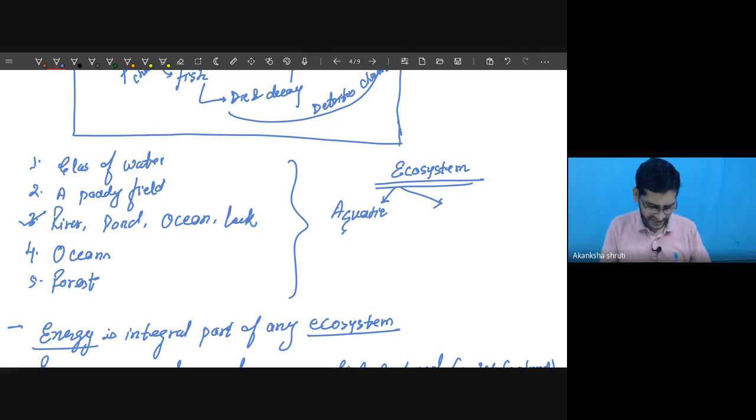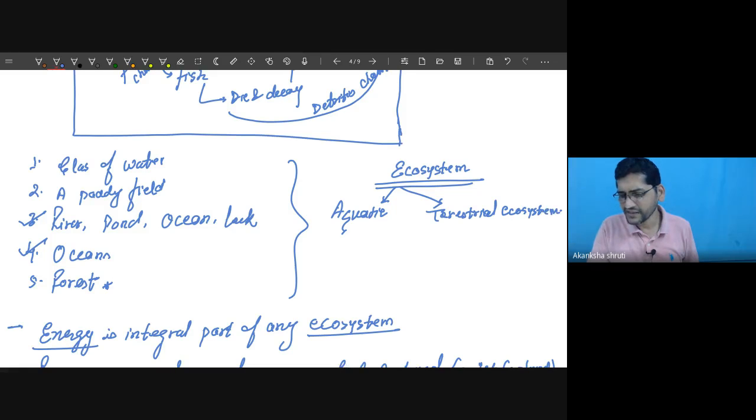Another one which is existing on the land, like our forest and other things existing on the land surface, is called terrestrial ecosystem.